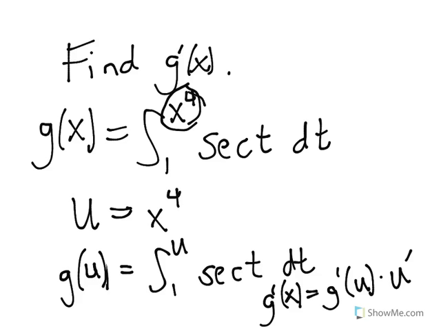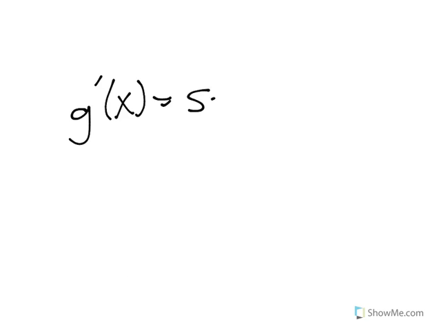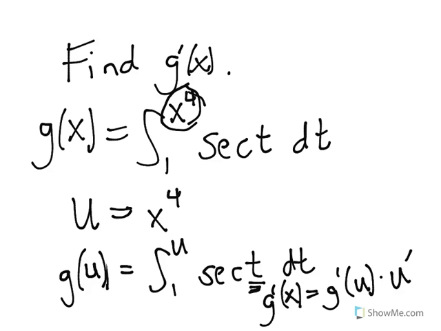And so it's going to work exactly like we had in the other examples, where when we find g prime of x, we are just going to be able to replace the t with what we have as our bound, and it's going to become a secant of x to the 4th power.